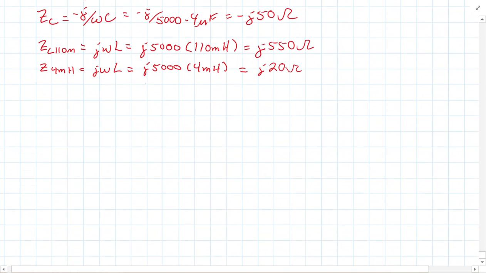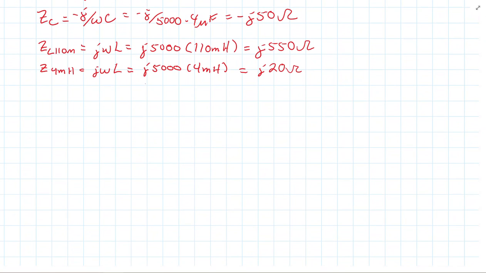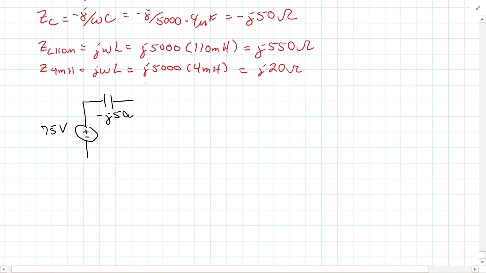Alright, so now that I have that, I'm going to actually redraw my circuit here with my 75 volt voltage source. My capacitor is minus j 50. And then I have I delta still going through there. And then I have my j 550 ohm.